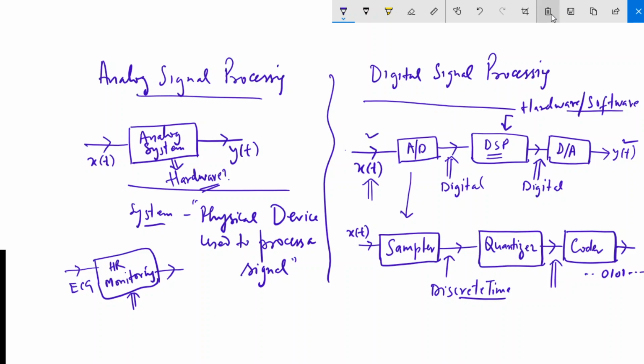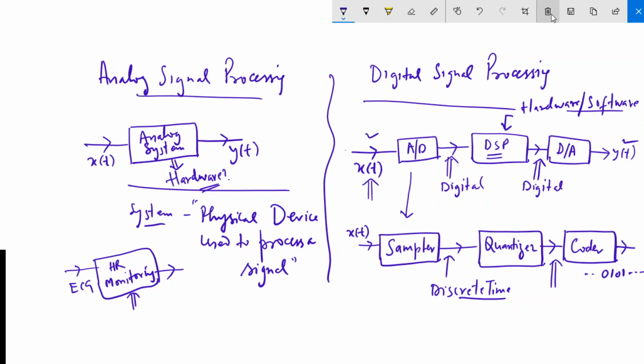By just changing the code in the DSP processor, you can implement so many systems. You may design this system to be a filter used to remove noise from the input signal, or a system used to find the correlation between two signals, or anything you can implement. This is the major advantage of why we use DSP over analog systems.